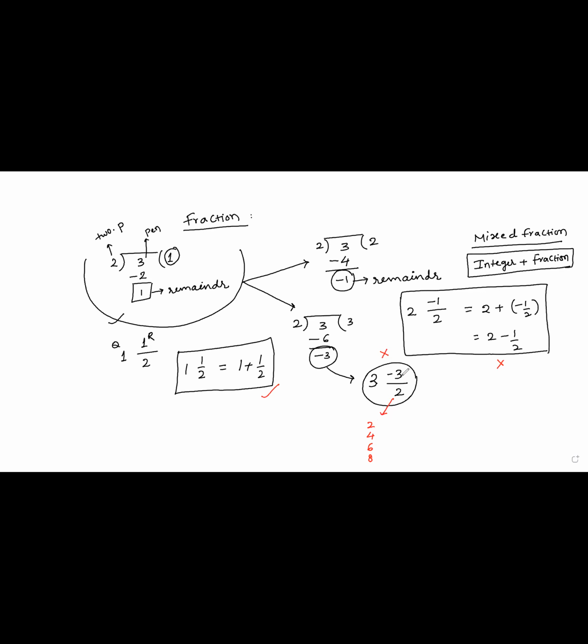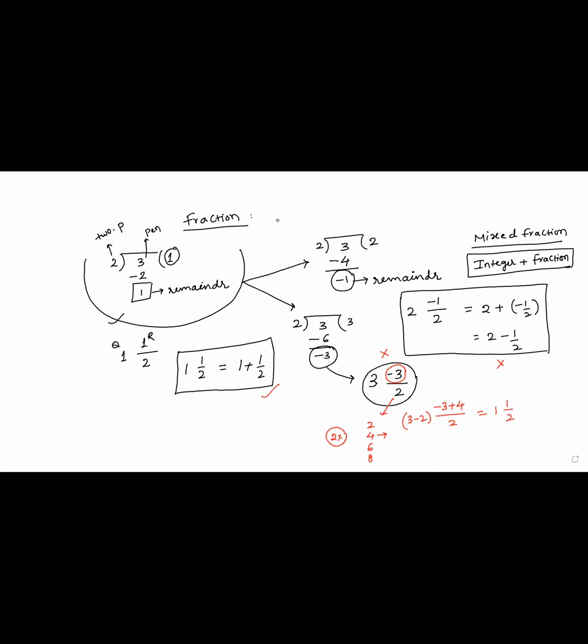If you add 2 to this part, it never becomes positive. So for that we have to add 4. So I'm adding 4 here. How many times did I add? It is 2 times. So that 2 I'm subtracting from this part. Then I am getting 1 by 2.